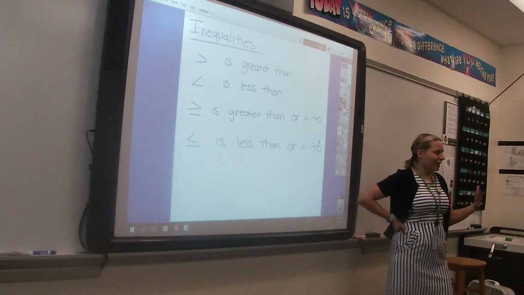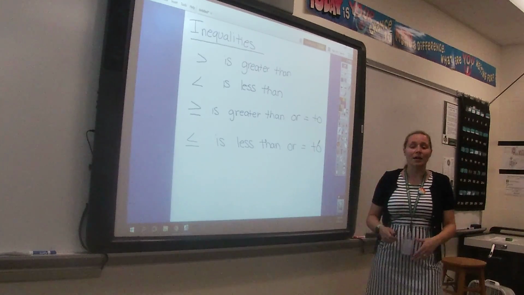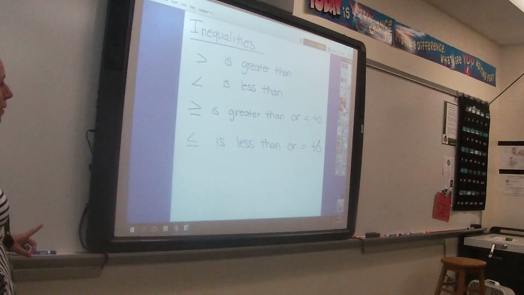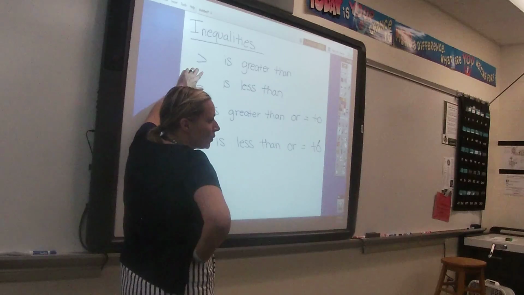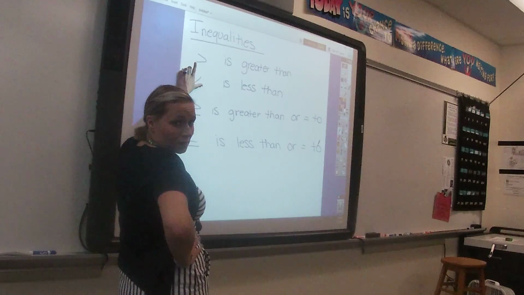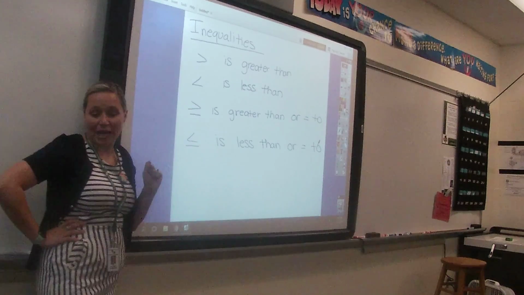Well, no, right? And that just sort of snowballs, and then you sort of never learn the right one. So if you do want a trick to help you know that still keeps you with the vocabulary, this one opens like an L. That's our less than. So the one that opens the same direction that an L does is our less than.